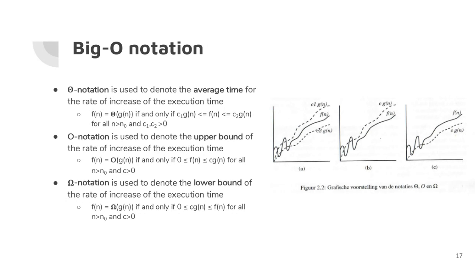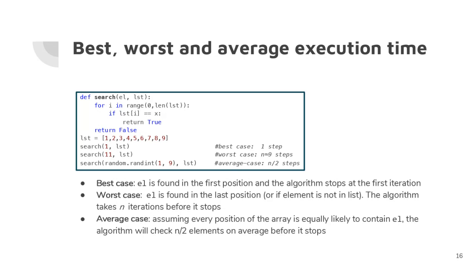It's nice if your algorithm runs super fast once in a while, but usually we're more concerned with the worst case: on what types of inputs, what will the runtime be on the worst type of instances. Here the best case is just one step, but that's not that interesting. That's by accident. For some types of inputs, it only takes one step. I think the average and the worst case are more important in practice.